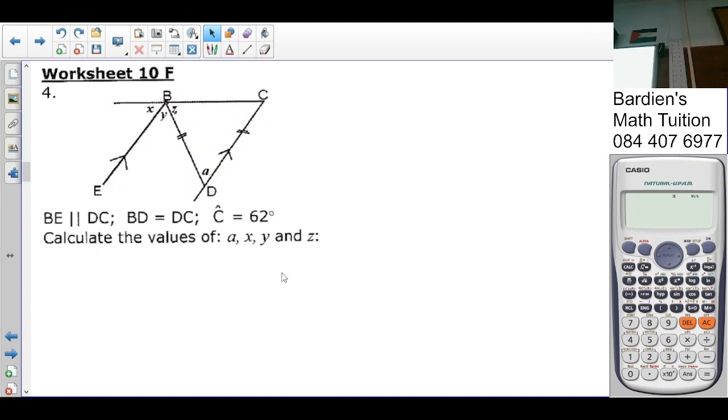Then we are told that BD is equal to DC. If BD is equal to DC, what can be concluded from here? Angle C is equal to angle DBC. Why? Angles opposite equal sides. Then we are told that angle C is 62 degrees. Okay.